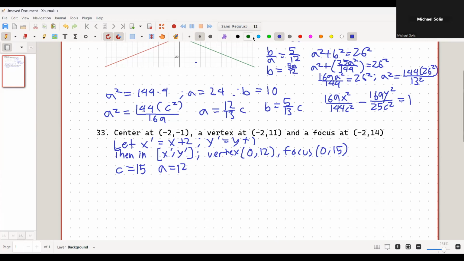So 15 square over a square minus 0 square over b squared equals 1. So a is equal to... 12 pala to. Okay, a is 12.